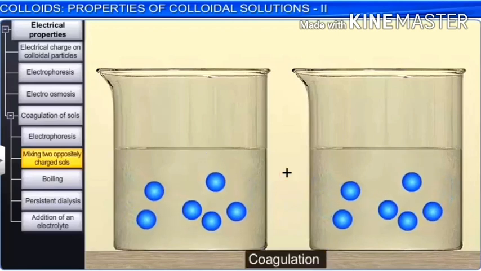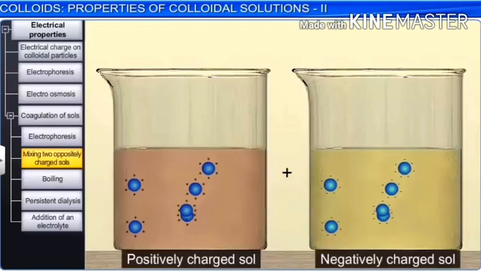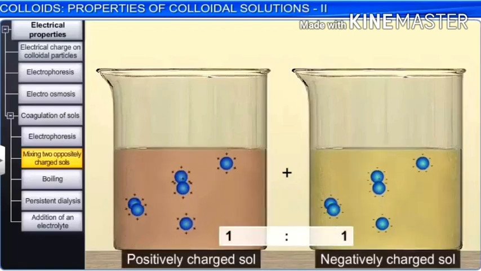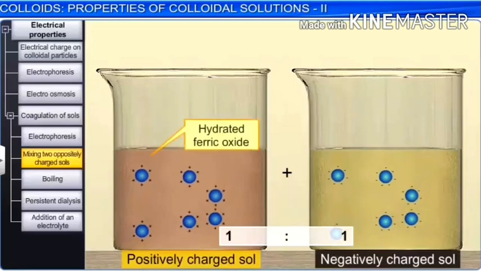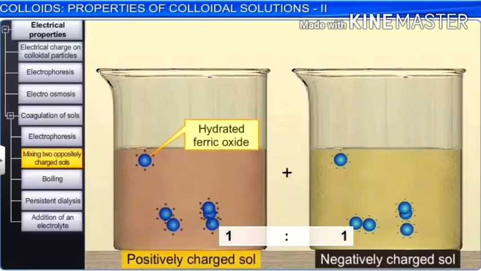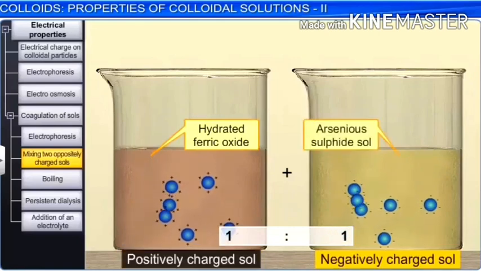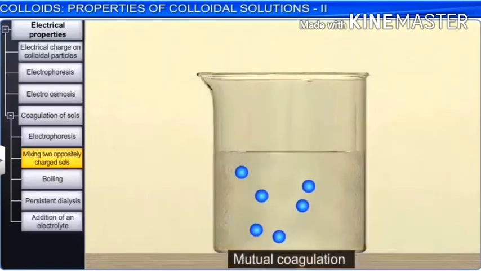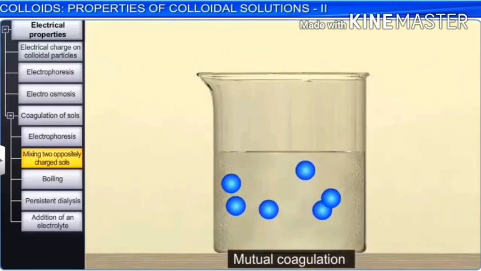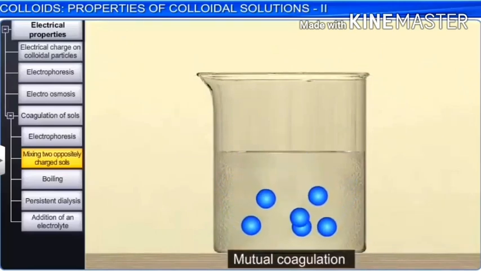For example, if you take positively charged hydrated ferric oxide and negatively charged arsenious sulfide and mix equal amounts together, they will get neutralized, mutual coagulation will take place, and it will get precipitated.